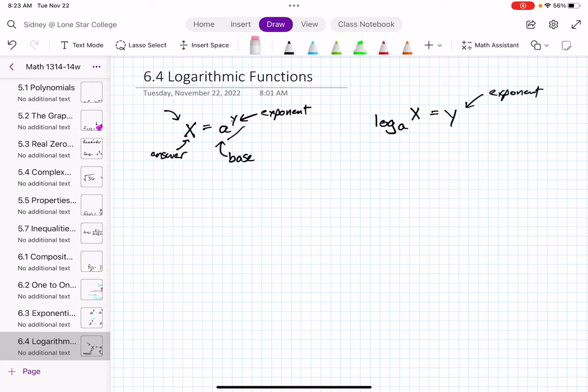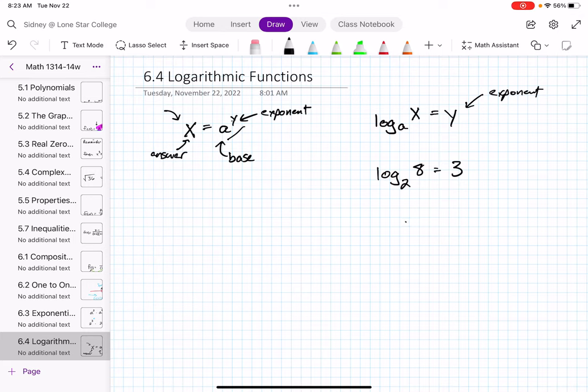To give context, let's pick some numbers. So if I were to say log base 2 of 8, that would equal 3. Log base 2 of 8 equals 3. And it does. Now, why? Well, remember that if we were to put this back into exponential form, it would be a little bit clearer.